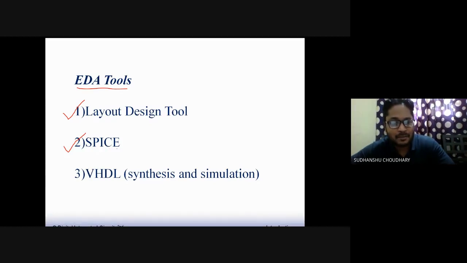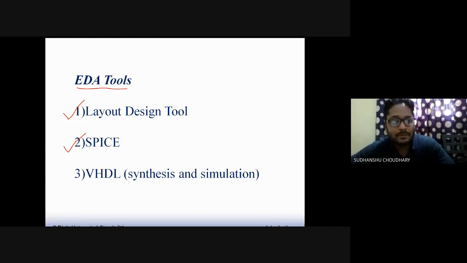So all kinds of circuits can be simulated. In fact, in your BTech programs, some of you, in fact everybody I think, might have used this SPICE for circuit simulation. So I'll give a small brief on this software, SPICE, how to use it, and then I'll also share the student version copy of this SPICE with you.